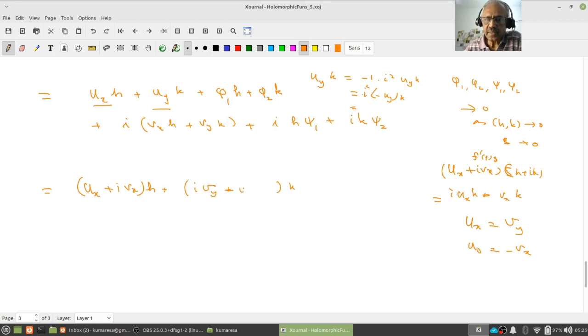Therefore minus I uy into k. But that is going to be plus all those things, phi 1 h plus phi 2 k plus I h xi 1 plus I k xi 2. Therefore this again is using the Cauchy-Riemann equations.